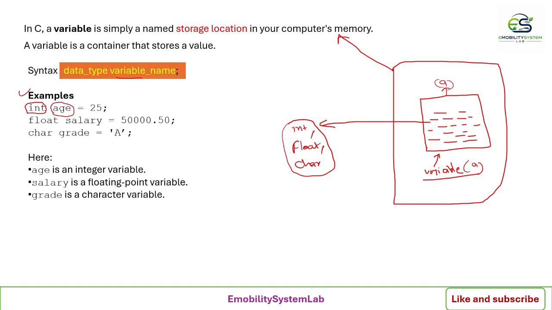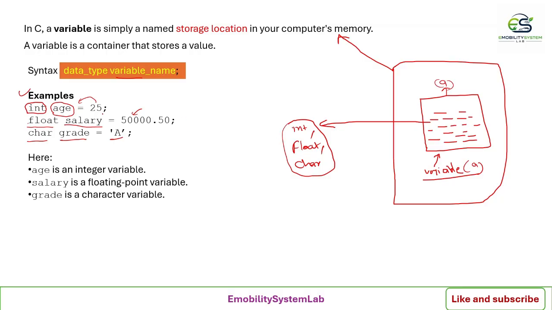Because this is an integer type variable, it is holding an integer value. Similarly, salary is another variable, and we can see the data type before salary, that is float. So this is a float type variable which is holding a floating value. Similarly, this is another variable which is character type, holding character data.